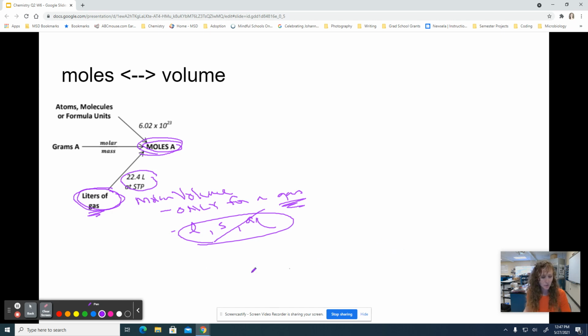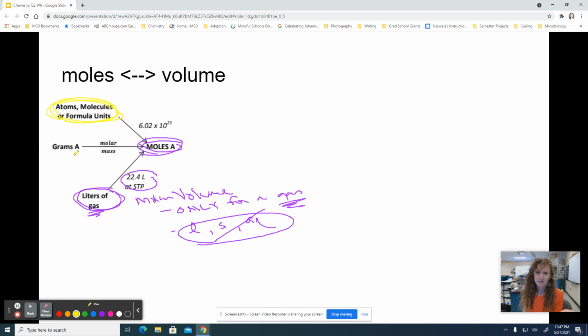Okay, before we do that, I just want to recap though our figure here. Remember, this diagram can help us keep track of our conversion factors. Right now, it's helping us keep track of 3 conversion factors. We have particles, and they've given you some examples of what your particles could be. It could be atoms, could be molecules, could be formula units. Your particles aren't limited to those.